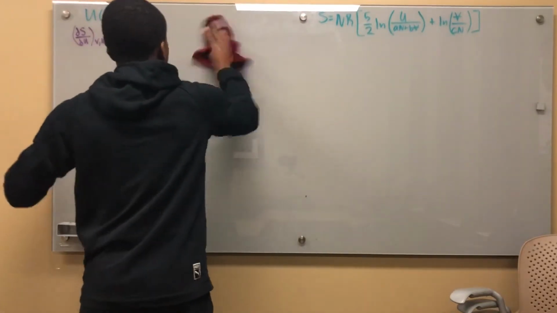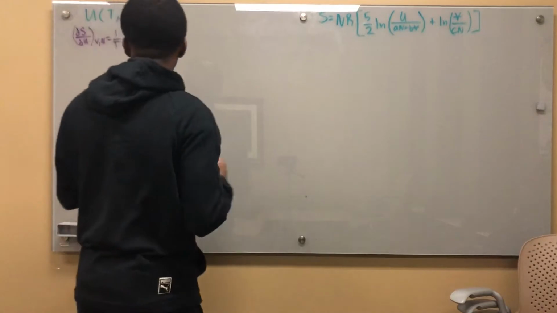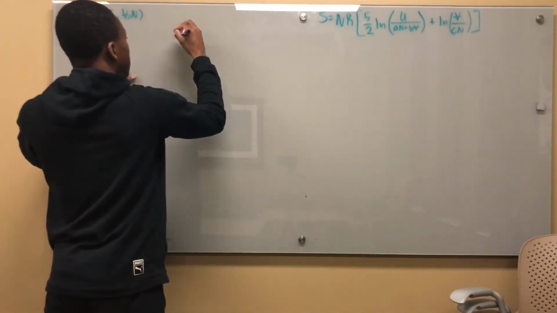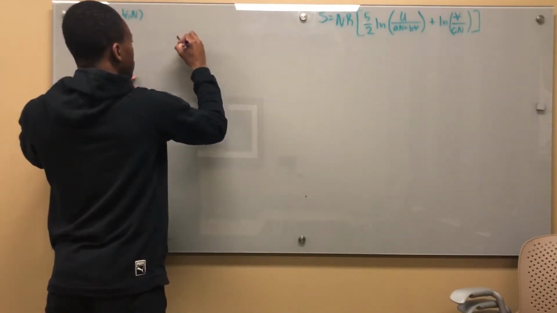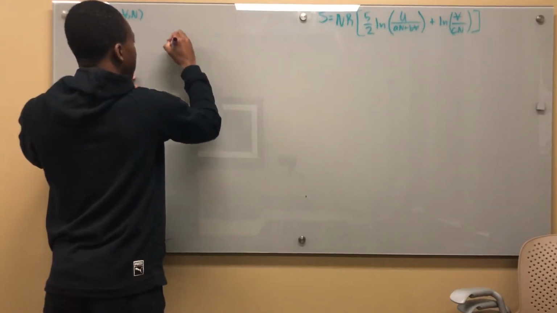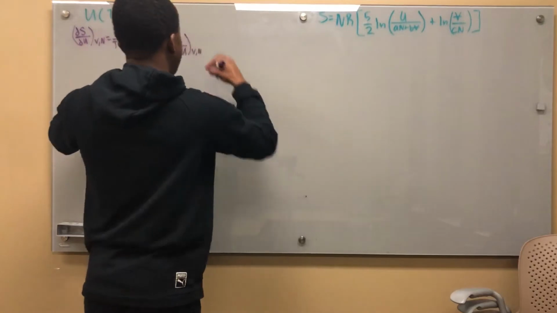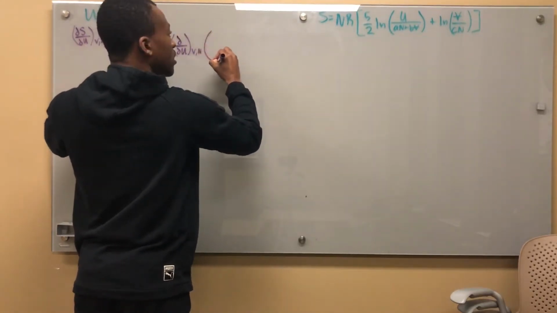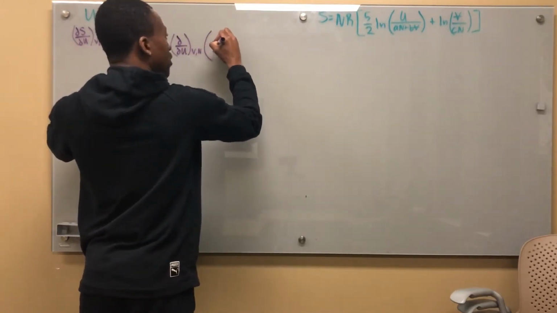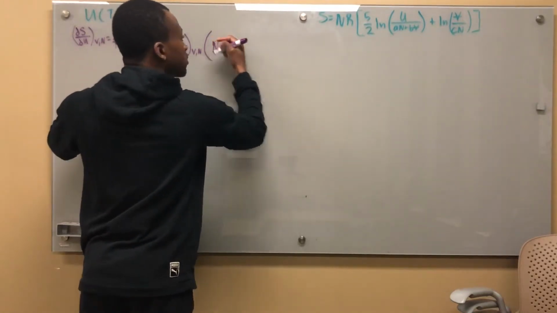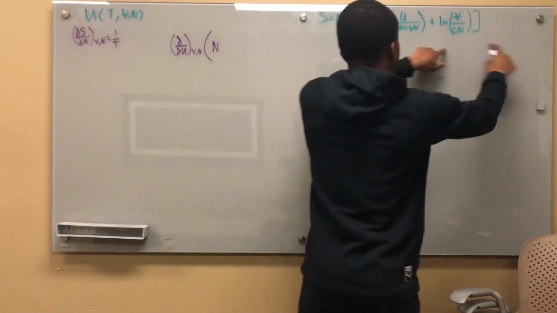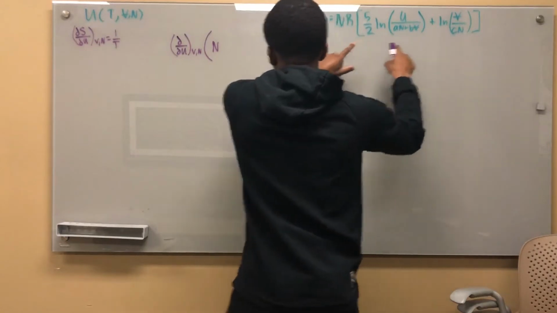So, I can now say that del U at constant V and N of S, I'm going to go ahead and distribute this out. NR applies to everything here, but 5 over 2 only applies to this first term, right?